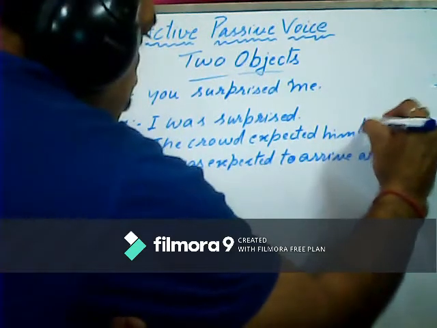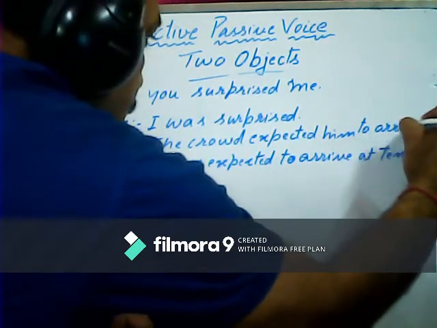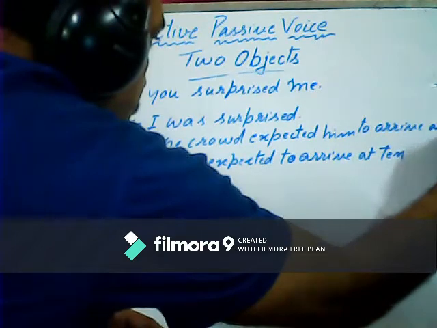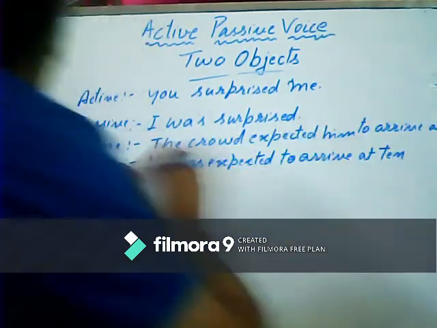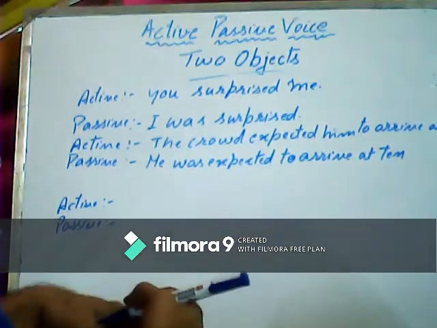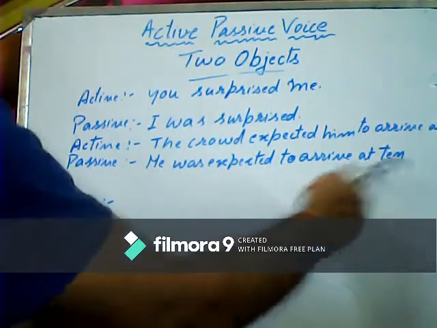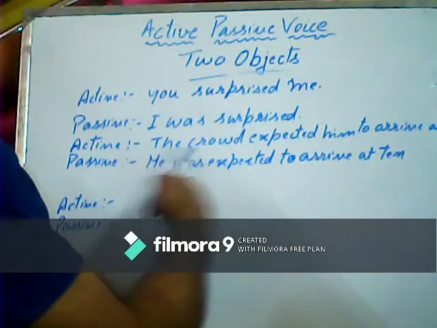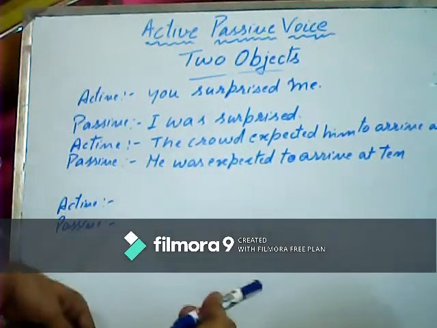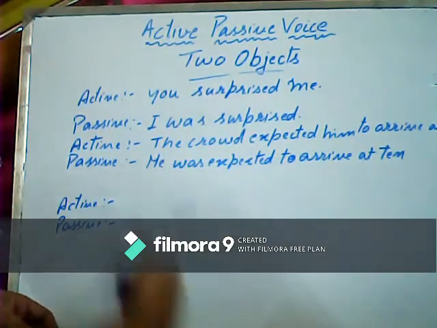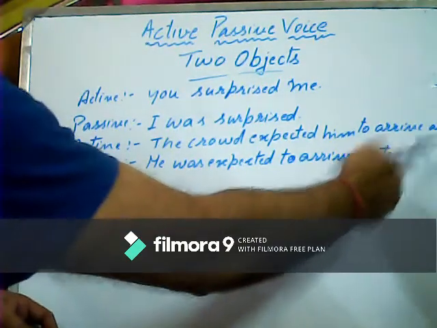He was expected to arrive at 10. So the sentence will be like this: he was expected to arrive at 10. Now again the crowd, because it is an unknown subject, so we need not write here by the crowd.